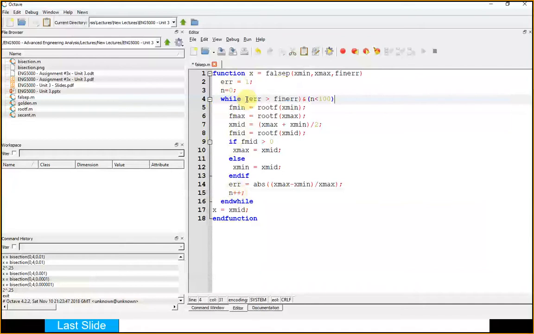What does that mean? As long as I'm far away from my answer and I have not been in the code for too long, you're going to continue going through the iterative steps.